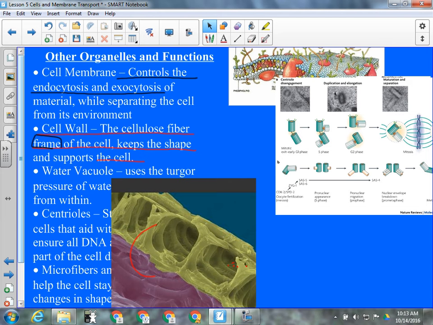And it's made of cellulose: plant fiber, dietary fiber, stuff that keeps you regular that we can't digest. We as humans have no enzymes, no digestive chemicals that can break down cellulose. So if you eat celery, you're not getting anything out of it. You might get a few vitamins, but you're not going to get very much energy from celery.